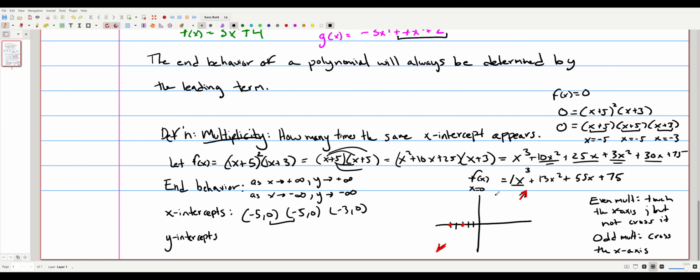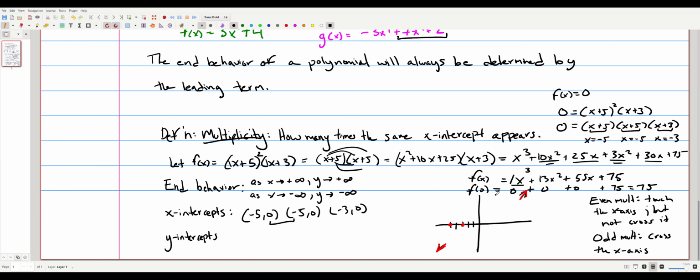What is f of 0 going to be? Well, we just plug in 0 for all of our x's, and 0 to any power is always 0. So this becomes 0, that becomes 0, 0 times 13 is 0, 0 times 55 is 0, and the only number we have left is 75. So f of 0 is equal to just 75.